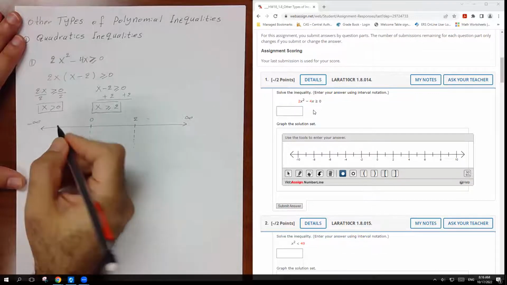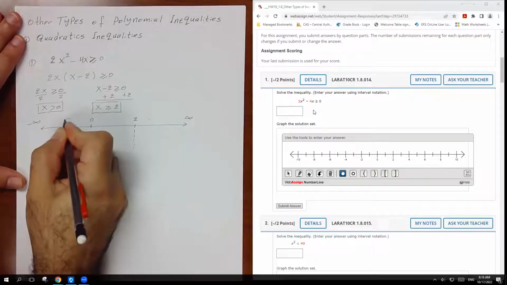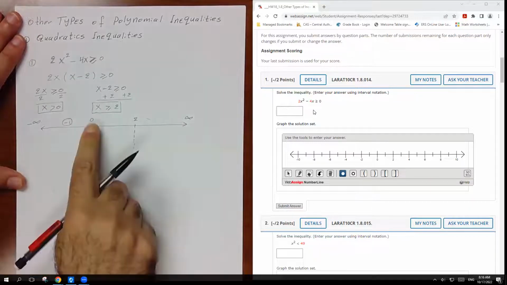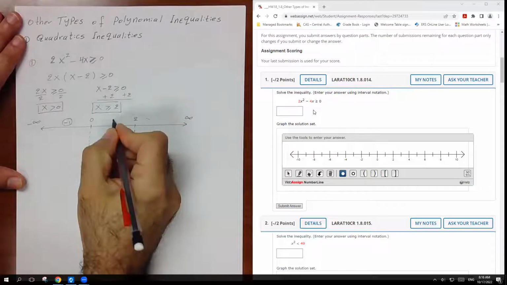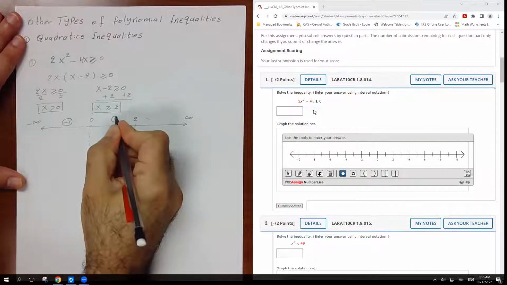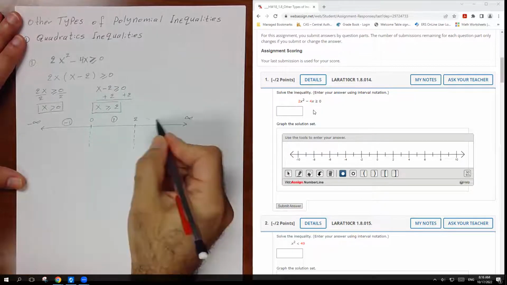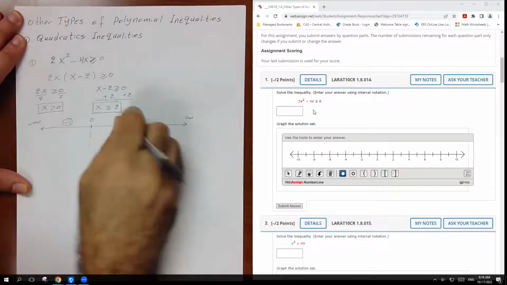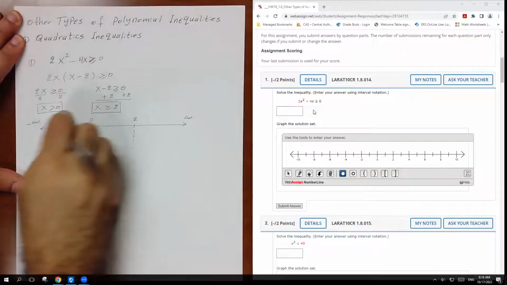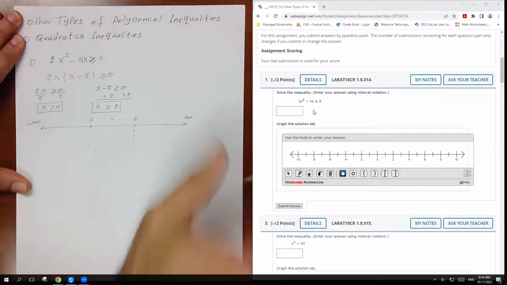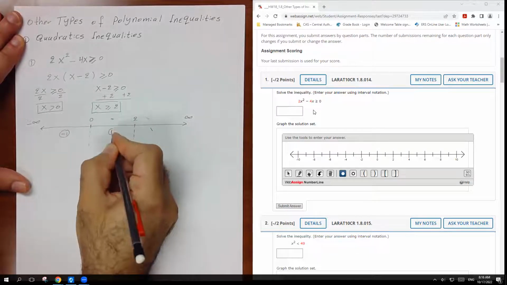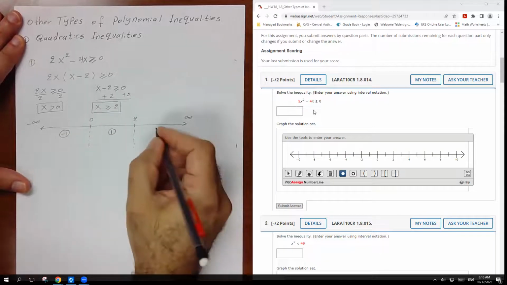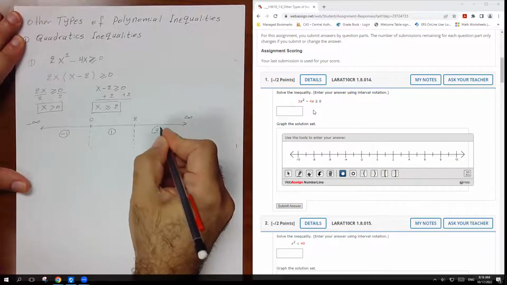To test the first interval, I'm going to choose a number here. Let's choose -1. To test this interval, choose a number between 0 and 2. Let's say 1. Let's write the numbers here so you don't get confused: -1, here is 1, and for the other one, choose any number, here is a 3.